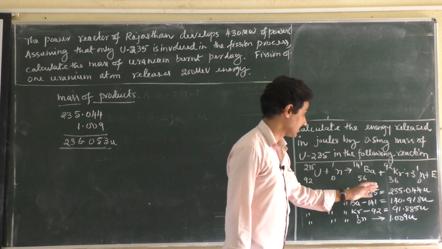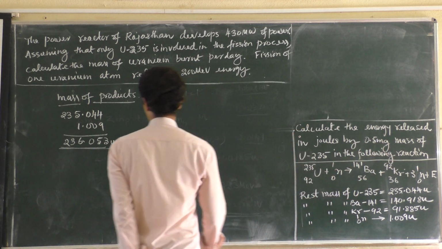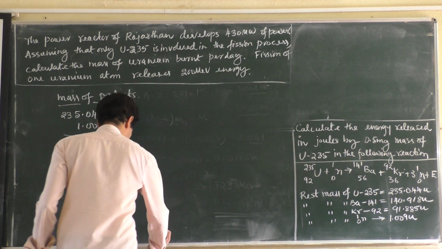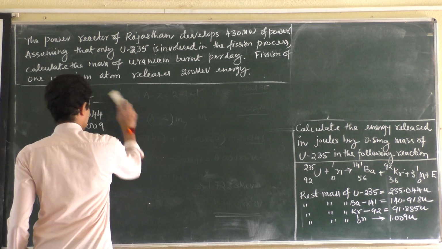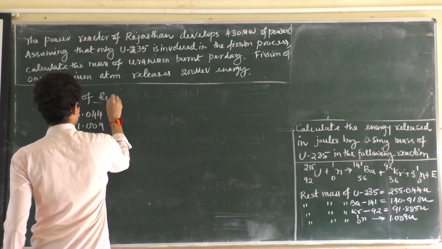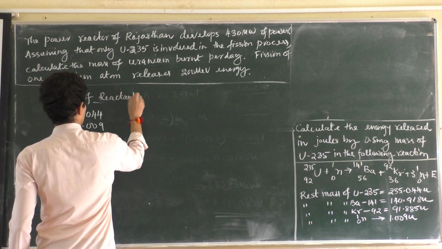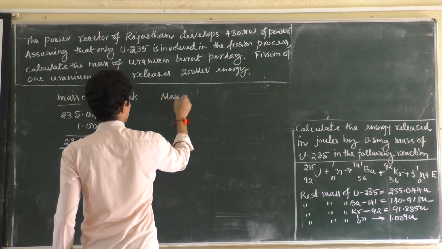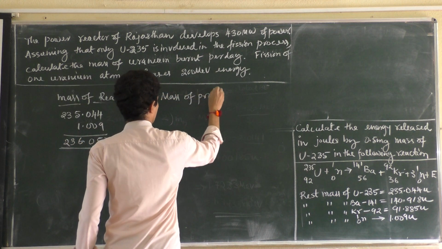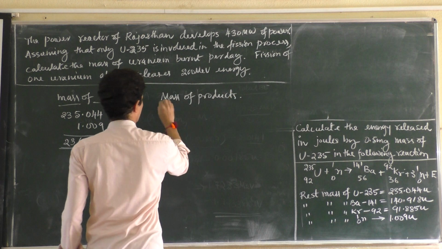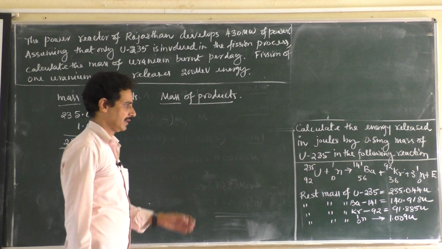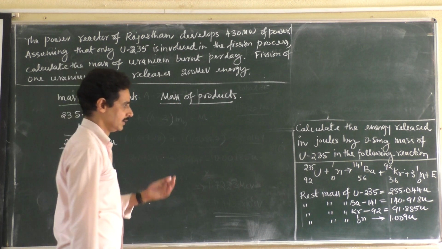So how much mass is lost? Calculate the mass of products. This is the mass of reactants. Mass of products now. What product do we get after the reaction has occurred?